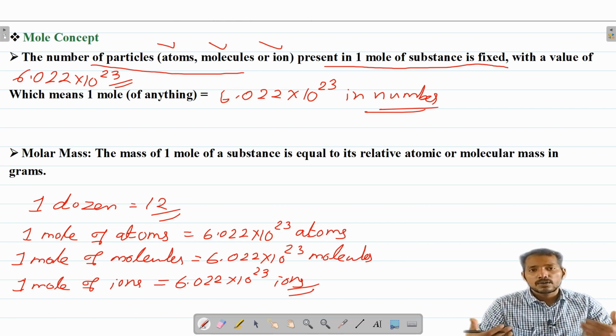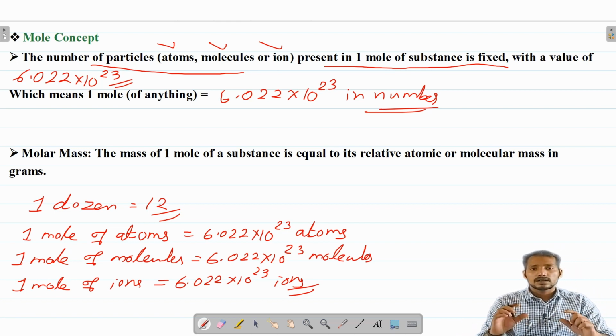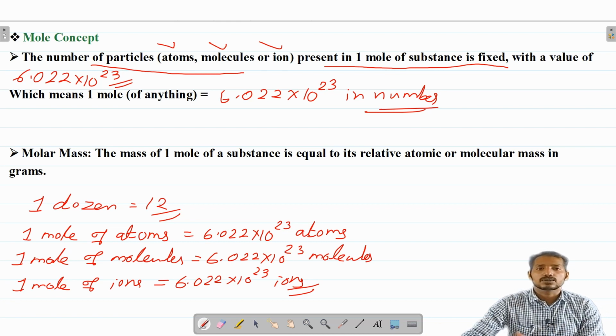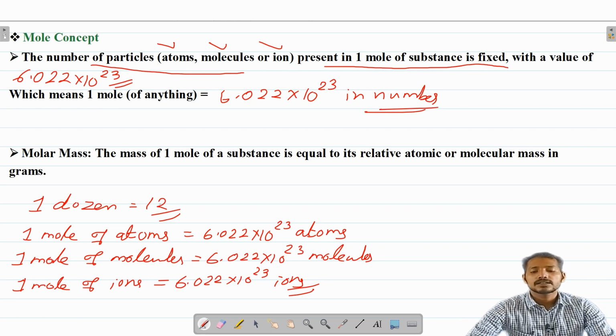Clear? Why do we use a particular number like 6.022 into 10 raised to 23 instead of a simple 10 raised to 23 or 10 raised to 24? We will get a clear idea why we are using this number while we are discussing the molar mass. Clear? Then what is molar mass?